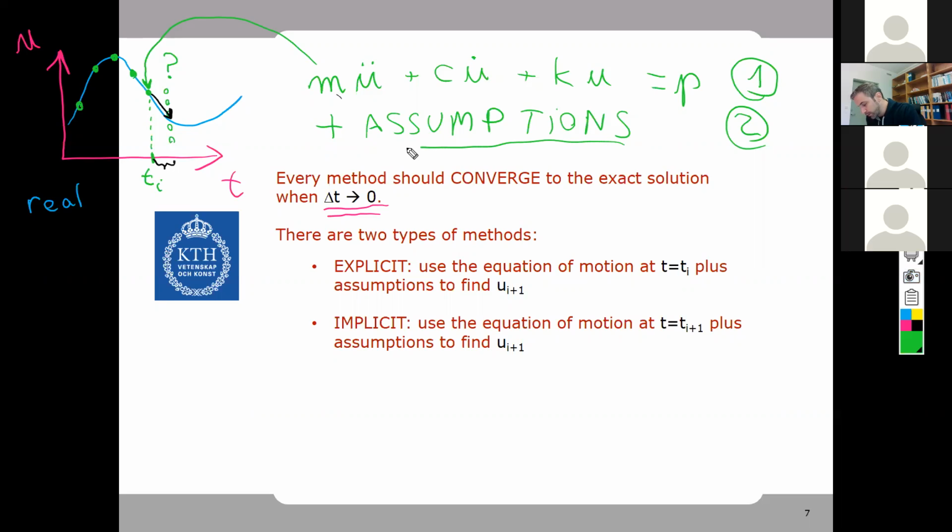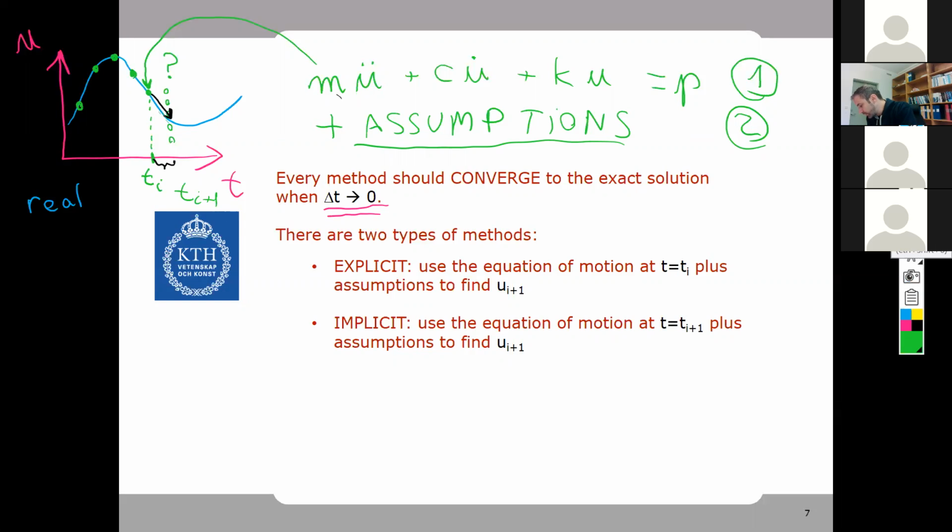The assumptions apply to the interval between this point and this point, so that we land on the next point. So these two facts combined together will give us the next value, the value at Ti plus 1. Okay?